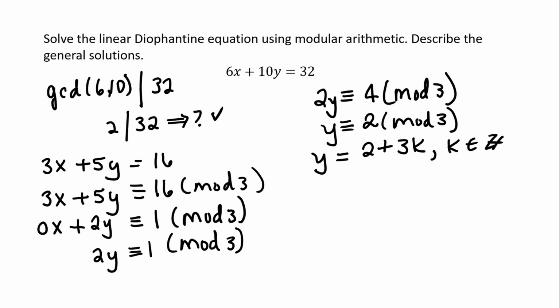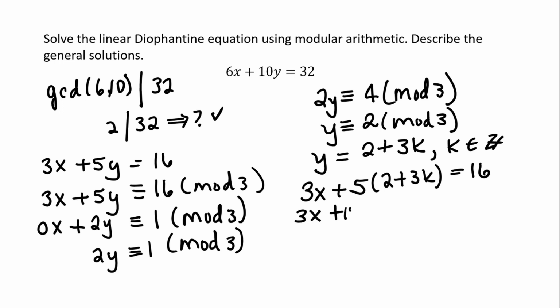Now let's solve for the x in the simplified form. I'll have 3x plus 5, and the y that we just solved for is 2 plus 3k, and that'll be equal to 16. Let's simplify some more. I get 3x plus 10 plus 5 times 3 times k equals 16.